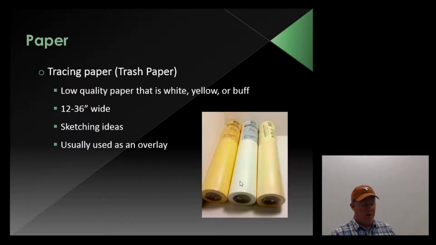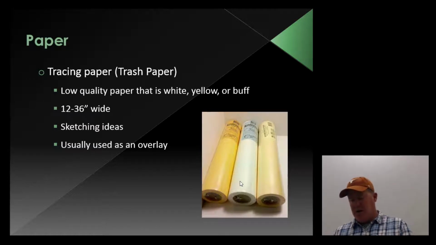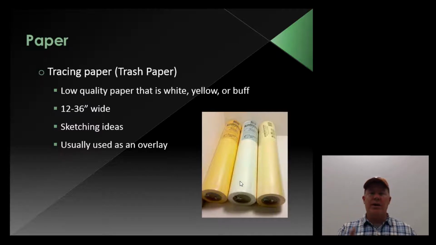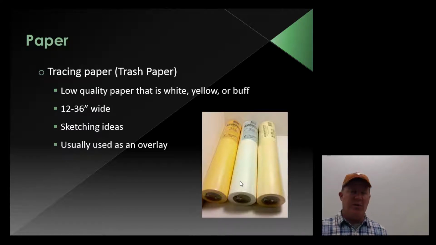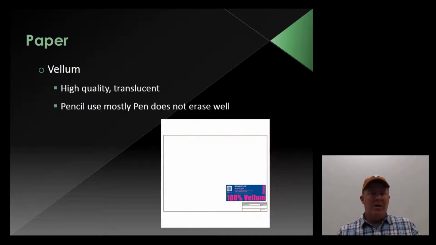So we may do site inventory and analysis with our trash paper. We may quickly draw some irrigation heads and different lateral lines and main lines that we want to have on the trash paper to get ideas prior to transferring it to the original master plan, as we would call it.